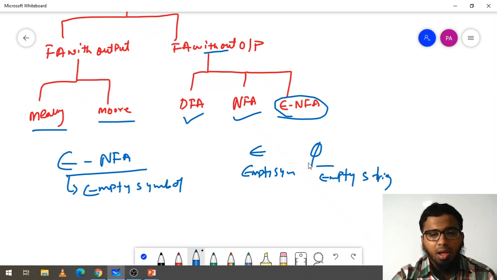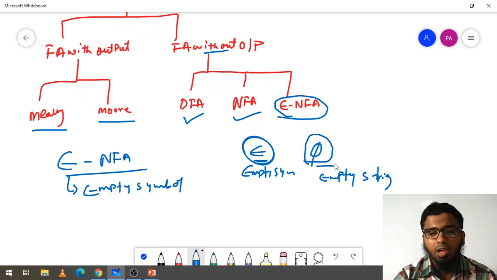That means epsilon means something is there and some operation can be performed whenever we have the epsilon. When we have the phi, at that time you cannot perform any kind of operation. This is the difference between epsilon and phi.